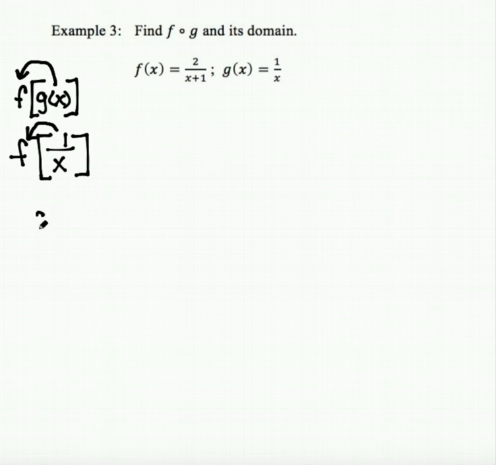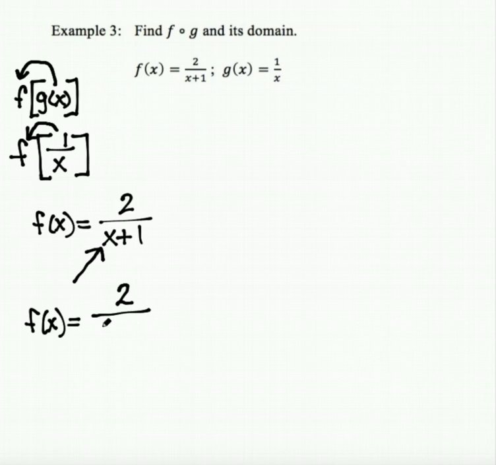My f function, f of x, is 2 over x plus 1. So I'm going to take that x out and put 1 over x in its place. That gives me 2 divided by 1 over x plus 1. Now, we can't leave it like that. We have a fraction inside a fraction, which is ugly. So we're going to simplify this.